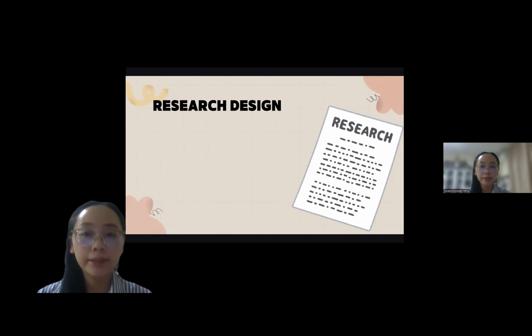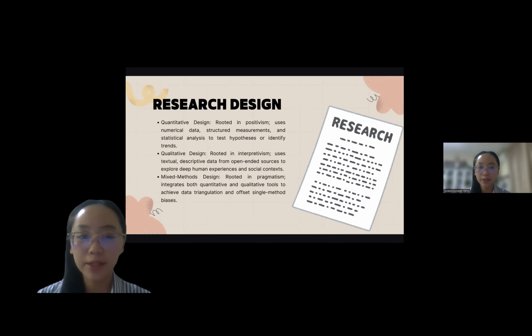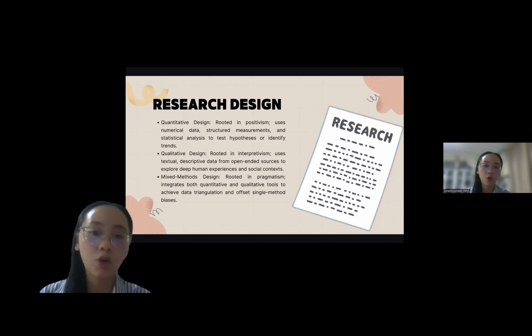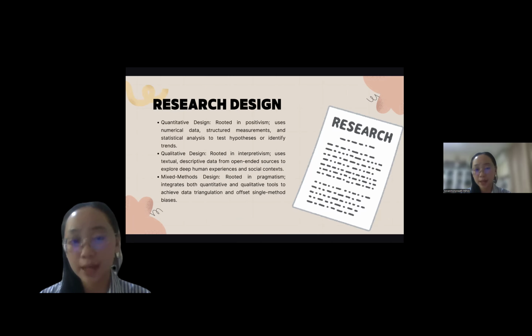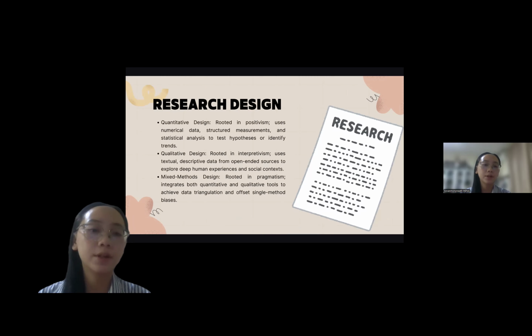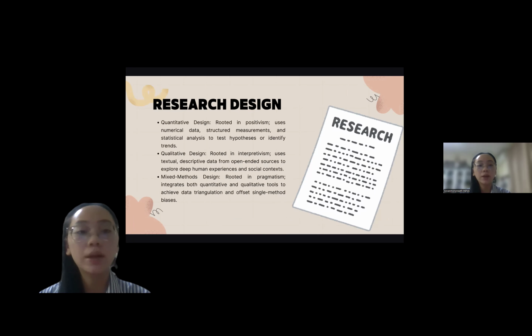As I mentioned earlier, there are three types of research design that researchers follow. The first is quantitative design, the second is qualitative design, and last but not least is the combination of the two, which we call mixed method design.